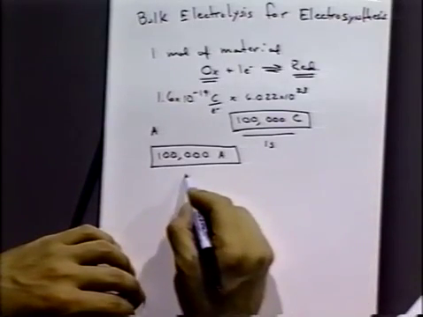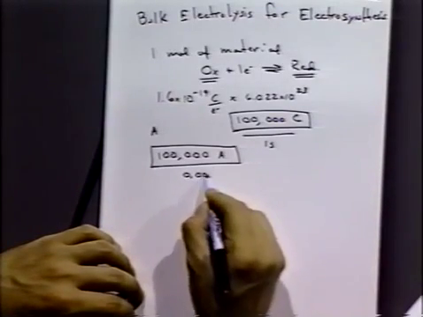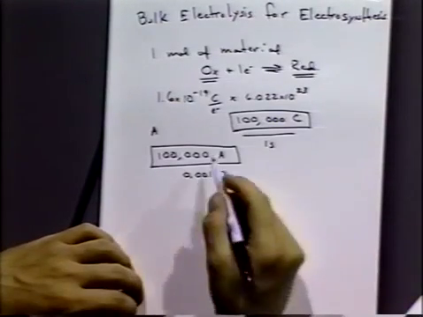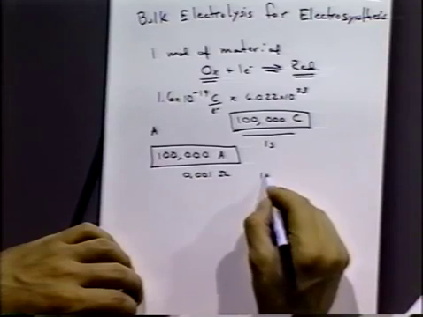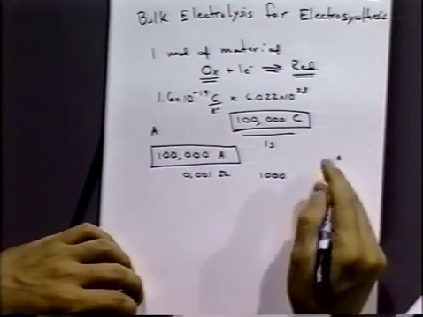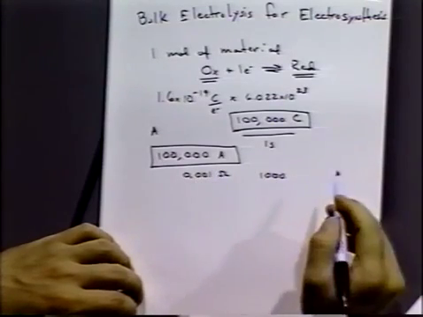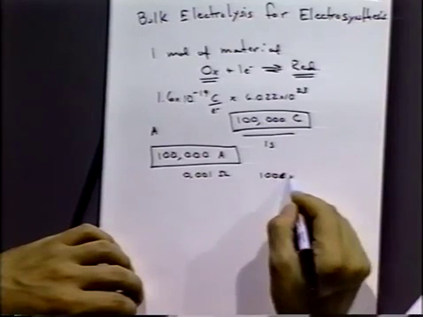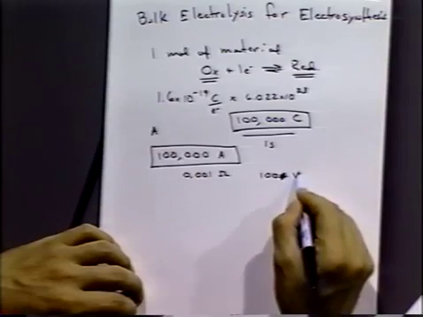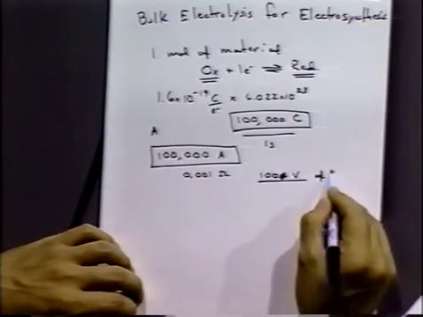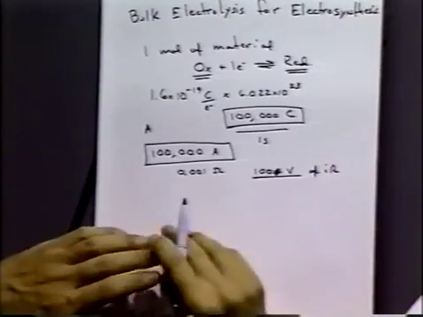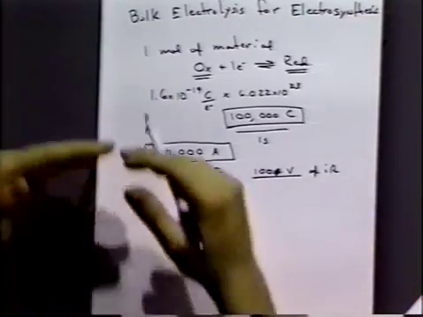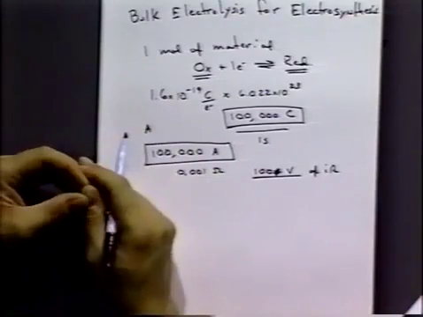Even if we had a very low resistance, say 0.001 ohms, which is really difficult to achieve in practice, we still are talking about 100 volts of IR drop. In other words, we'd have to apply 100 volts just to overcome the IR drop.